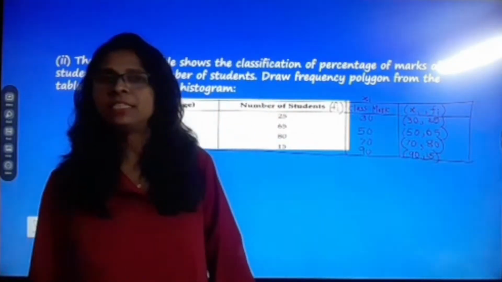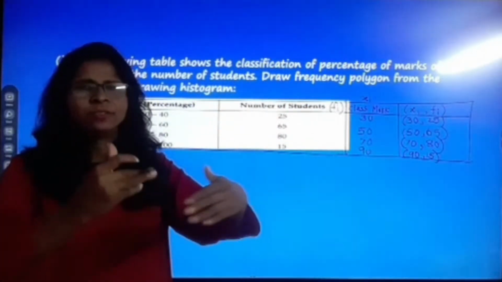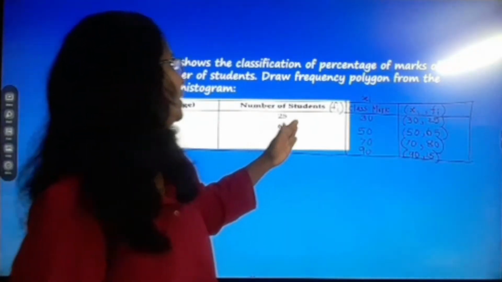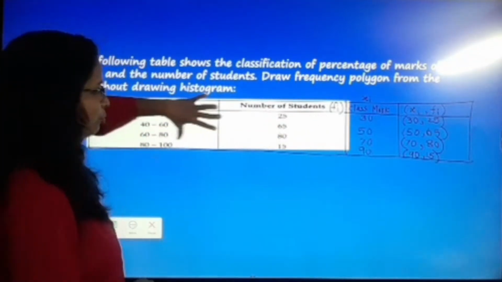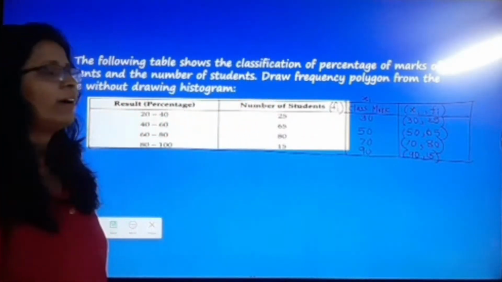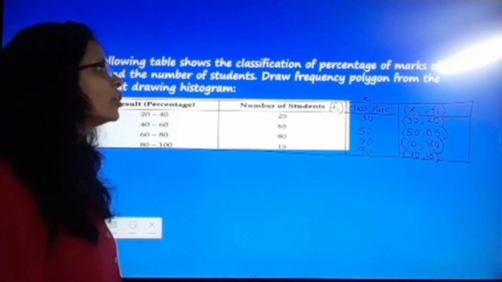But this way you have to join the two extra columns, the class mark and xi fi, to the original table. And then we are ready to draw the frequency polygon here.